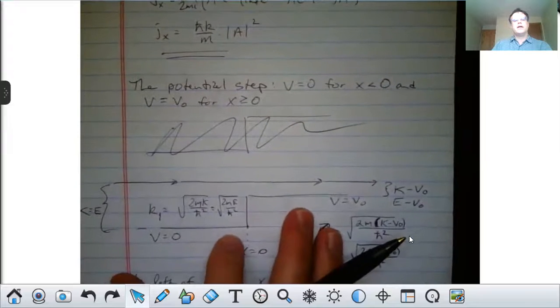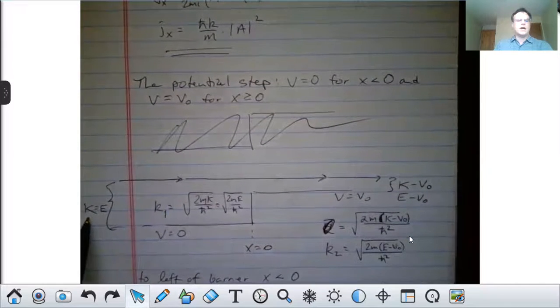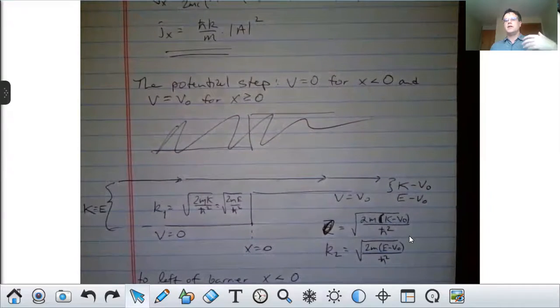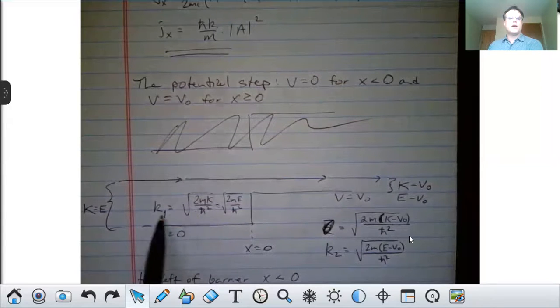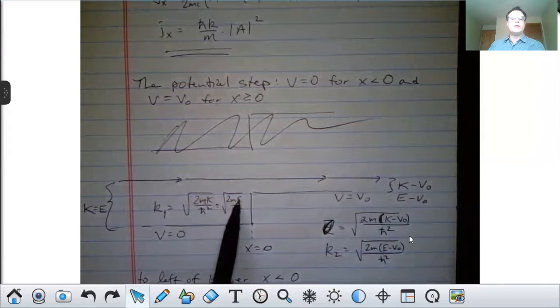Now the kinetic energy that the beam comes in with, K or E as I call it, that's the kinetic energy of the particles when they're far away coming in from the left. And I could write my wave number, k, in that region as the square root of 2mE over h bar squared.